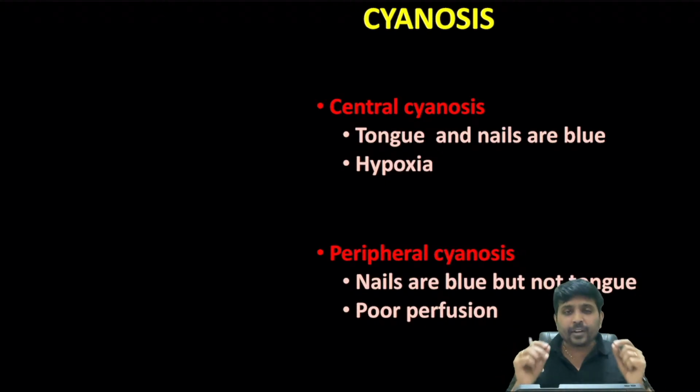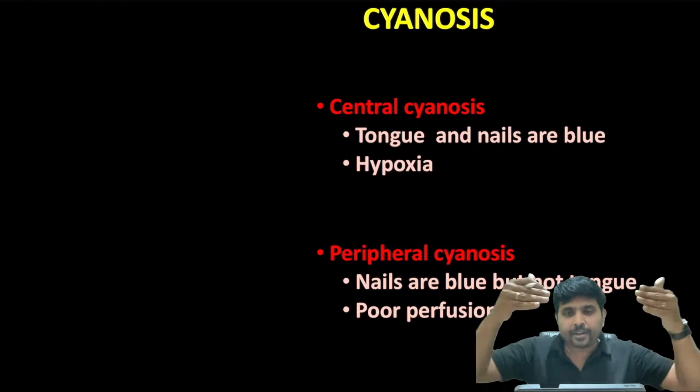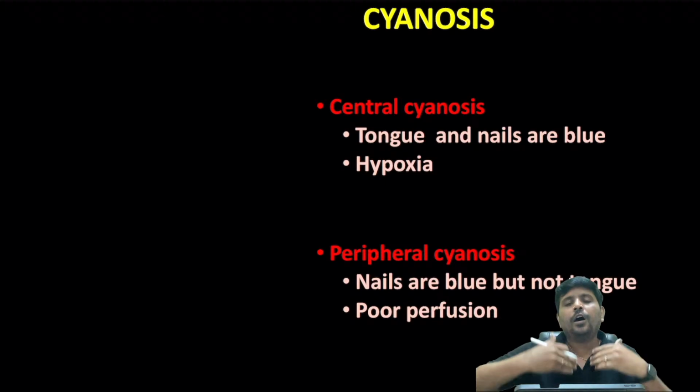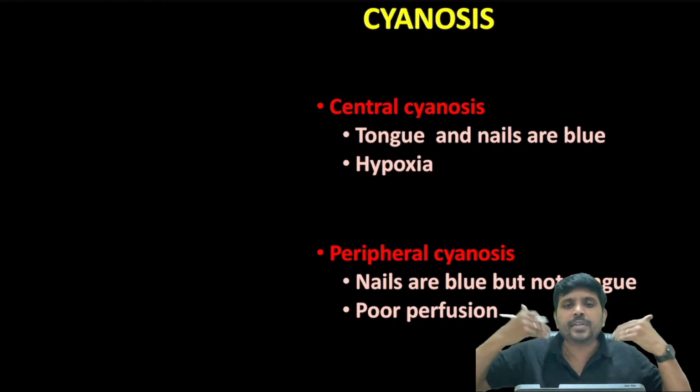Whereas peripheral cyanosis means the tongue is pink whereas your nails are blue. This is mainly due to poor perfusion. It can occur as a result of shock, or as a result of hypothermia. So central cyanosis means the heart is not working, or your oxygen is not delivered.